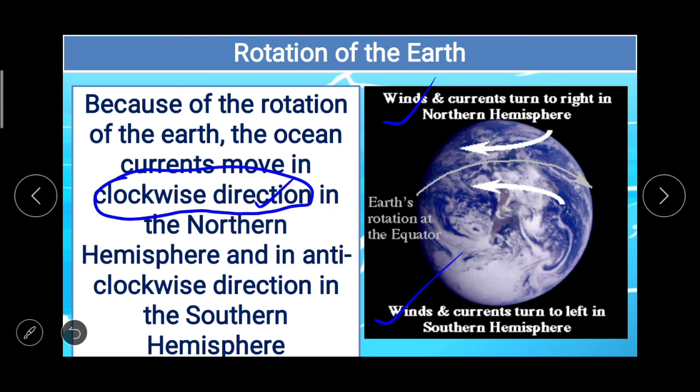And here if you talk about the ocean currents of the Indian Ocean, there is similarity between the patterns of the ocean currents of the Pacific and Atlantic Ocean, but the flow of the ocean currents of the Indian Ocean is different. And why different? Because the Indian Ocean is landlocked in the north. अगर हम मैप में देखेंगे तो the equator divides this ocean into two parts, northern and the southern.